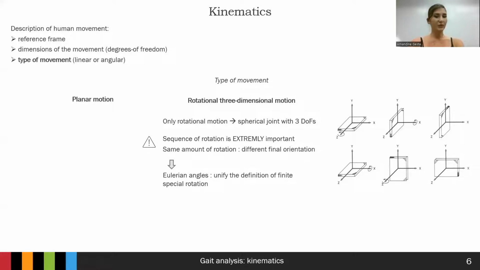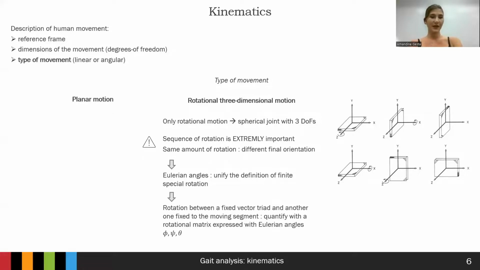But to avoid this problem, the researchers define a way to unify this rotation with the Eulerian angles. And the rotation between a fixed vector triad, which is fixed to the fixed body segment, and the rotation of the moving one would be quantified with a rotational matrix expressed with Eulerian angles.